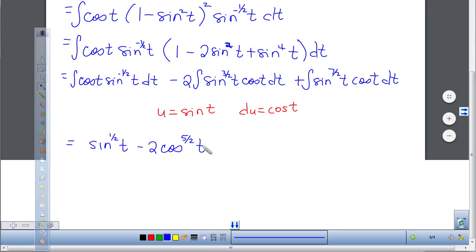But then I'm going to have to divide by 5/2 or multiply by 2/5. Okay, and then over here we get plus sine to the 9/2 t, divided by 9/2 or times 2/9, plus c.